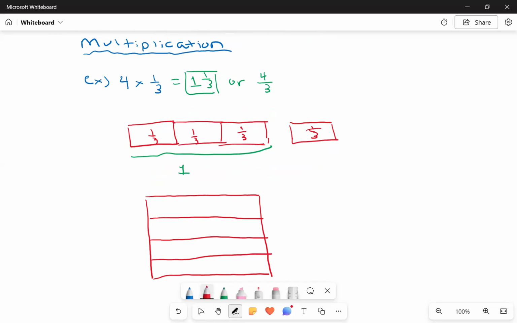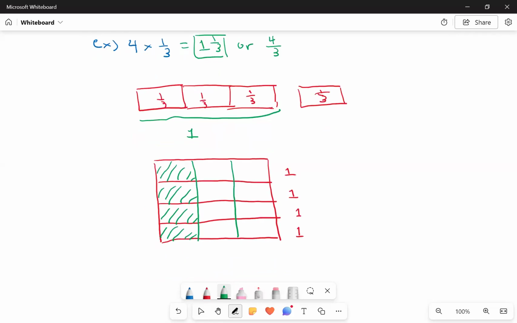Sorry, let me label each of these 1, 1, 1, 1. Then dividing them up into thirds, and taking a third of each rectangle results in 4 thirds or 1 and 1/3.